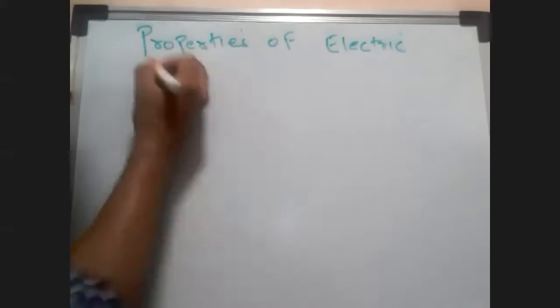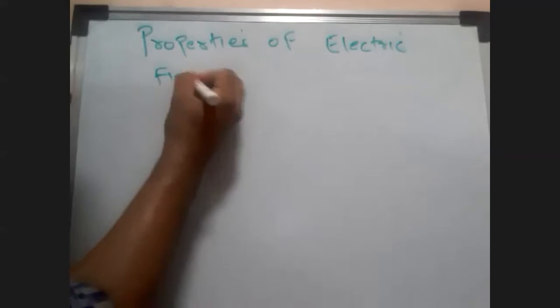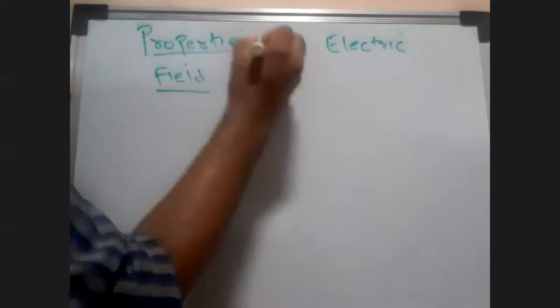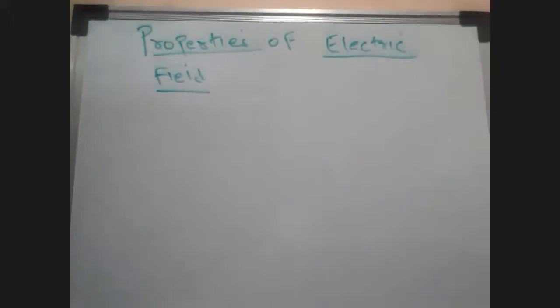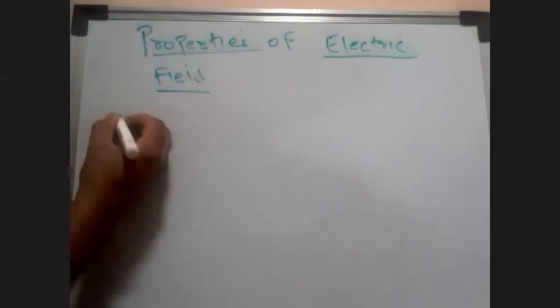Why I am taking this is so that when we come to topics like potential and equipotential surfaces, this will help you. And to understand what is a dipole, you need to know this thoroughly. Sometimes you will have numericals and concepts based on this only. So, we'll go through it one by one. Not a big thing.